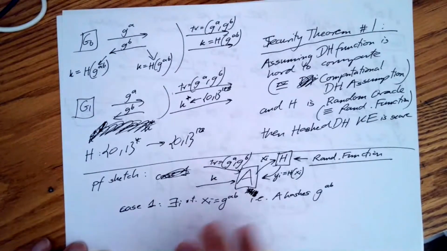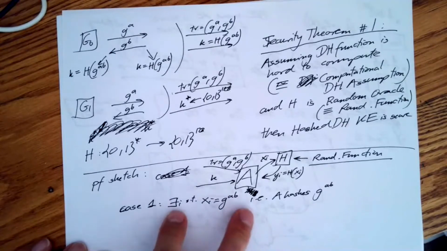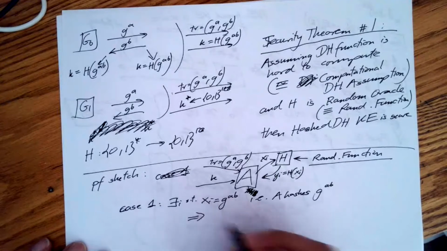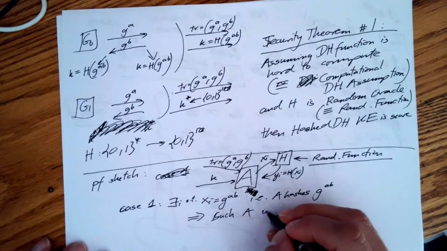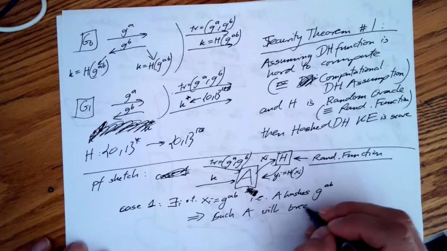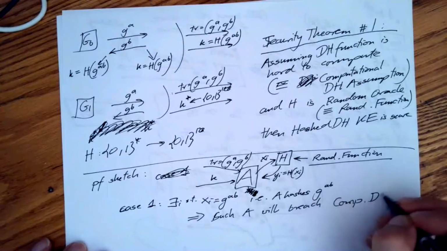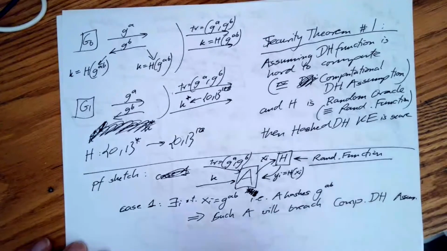The formal statement would be that this happens with non-negligible probability. And it's basically immediate that such an attacker will break the computational Diffie-Hellman assumption.